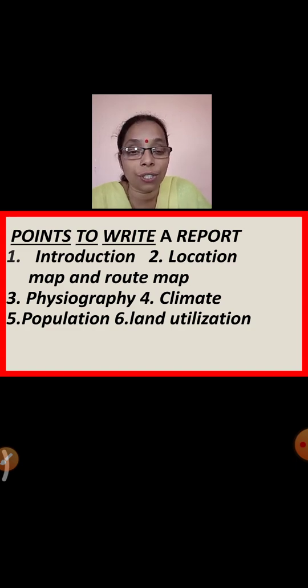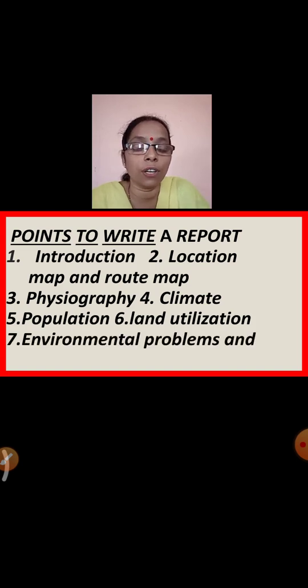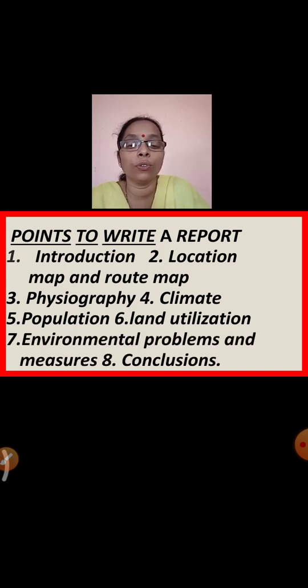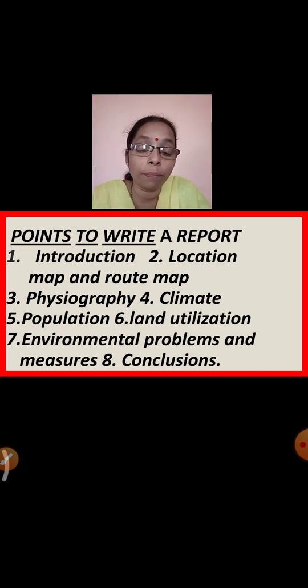Land utilization. How much land is there, how much land is utilized, all that information you need to write in your report. Also you will mention the environmental problems and measures: what environmental problems are faced by those places, and what measures they are taking in order to curb those problems.